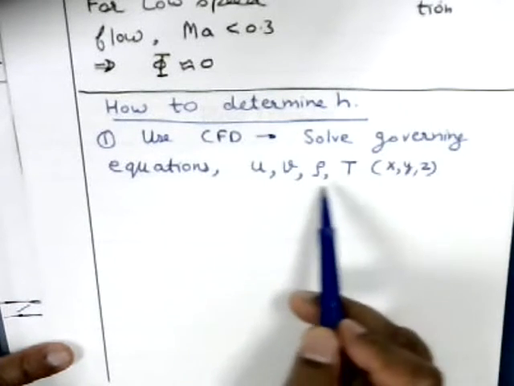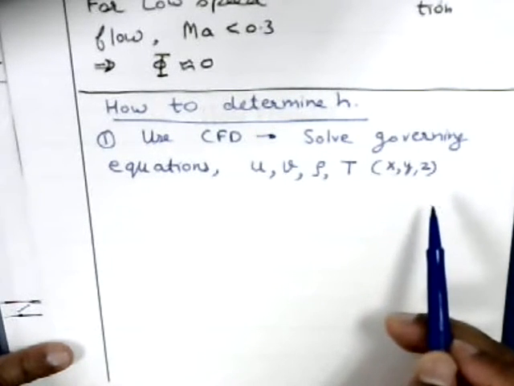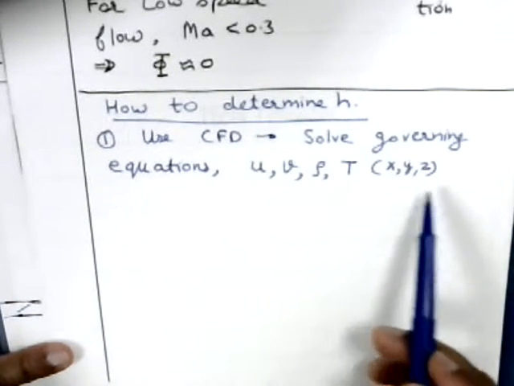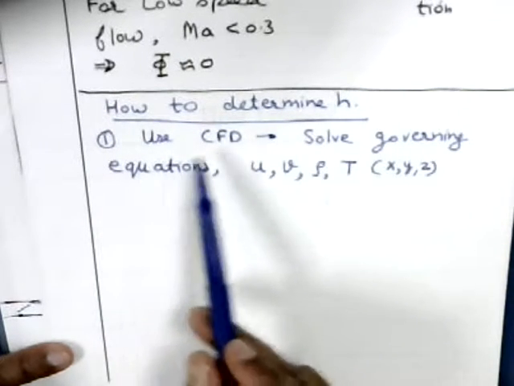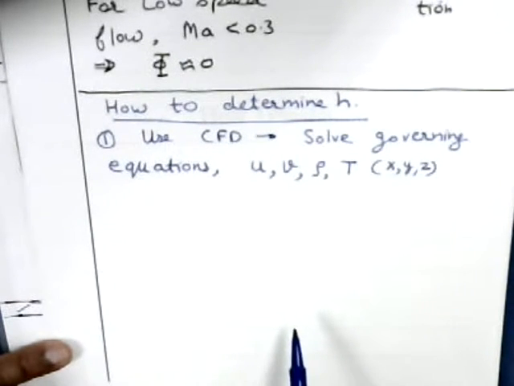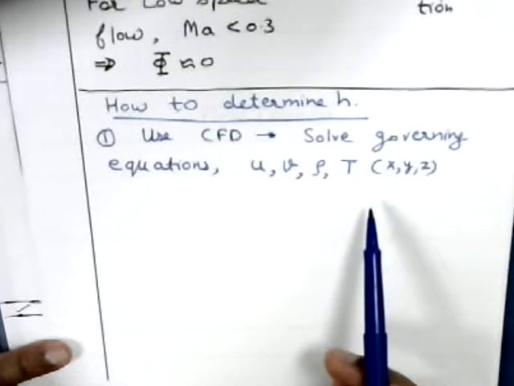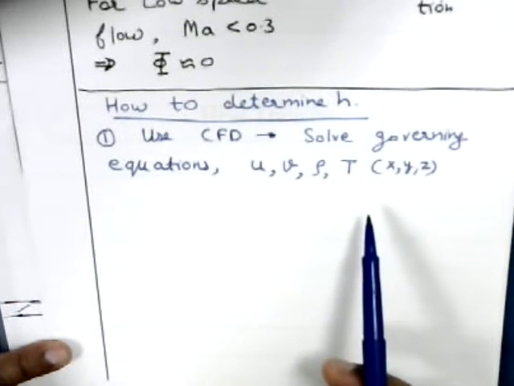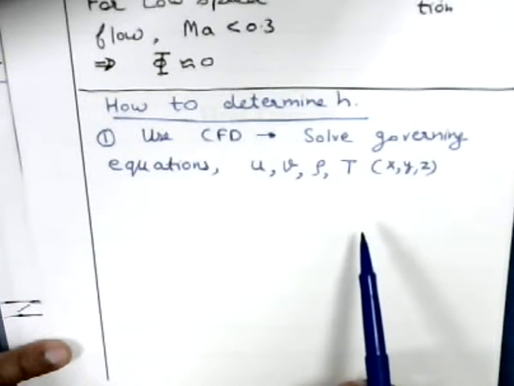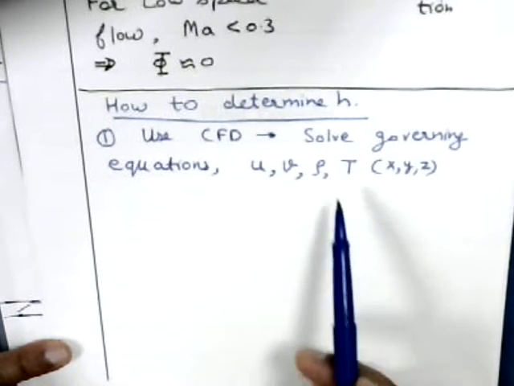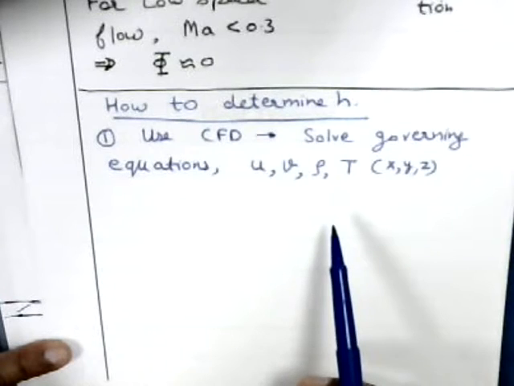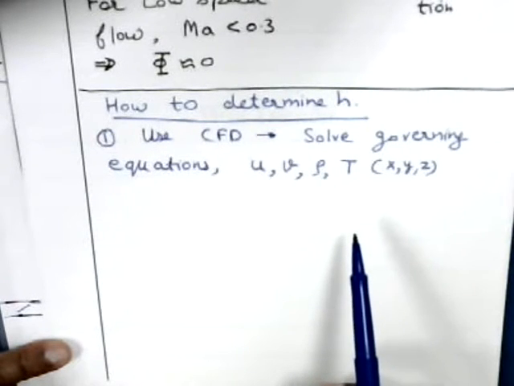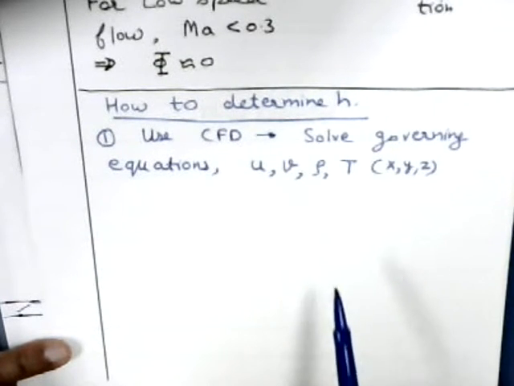And based on this, you can determine convection coefficient. Not only convection coefficient, in this case you have all the details of the flow. So that is one option, but CFD analysis is just going to give us some numbers, not physical understanding as such. So it is there for solving complex problems, but we need some physical understanding also. So there are other methods.